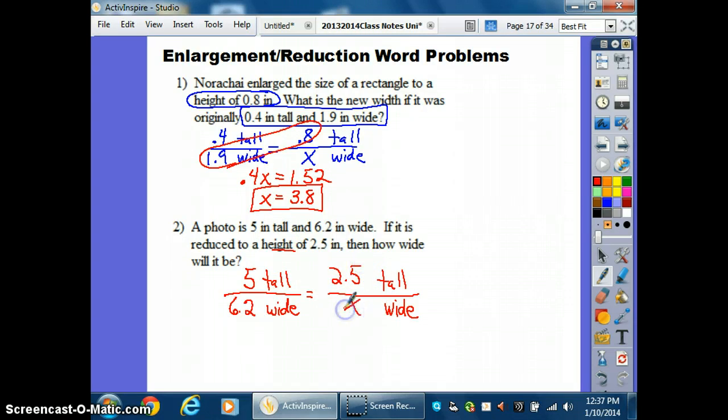This is X. Oh, brother. I see this one could just be divided in half, couldn't it? Half would give me 2.5, so this should turn out to be 3.1. Oh, my goodness. Oh, well, let's use cross products. 5x equals 2.5 times 6.2. I think you get 15.5. Then you divide both sides by 5. Yep, we get 3.1.